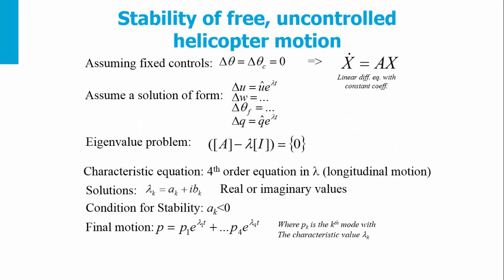You also remember that for the stability of the uncontrolled helicopter motion, we have the linear differential equation x dot equals Ax. The matrix A reproduces the natural behavior of the aircraft, and you arrive at an eigenvalue problem that you can solve. You have a characteristic equation, and by solving this equation, one can obtain the eigenvalues of the motion.